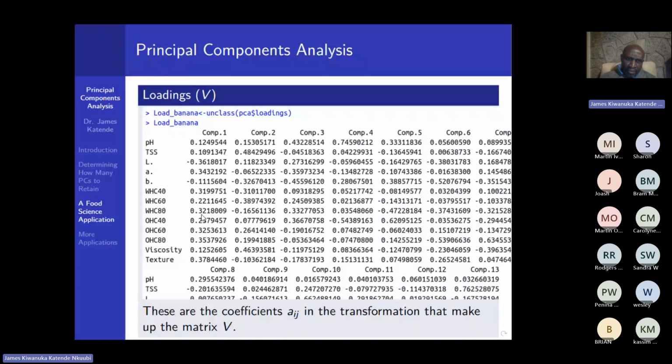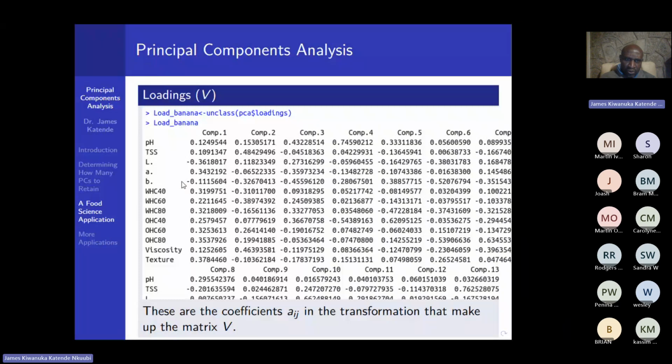Same for the water holding capacity. So it seems to be a general feature that explains everything. Doesn't seem to favor, with the exception of acidity and these total soluble solids. These ones don't seem to be represented in the first principal component because their coefficients are quite small.